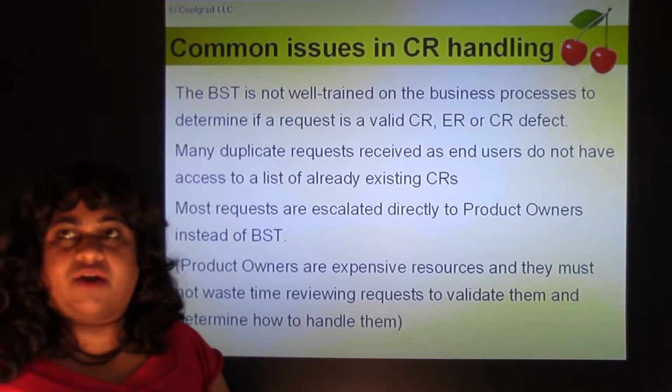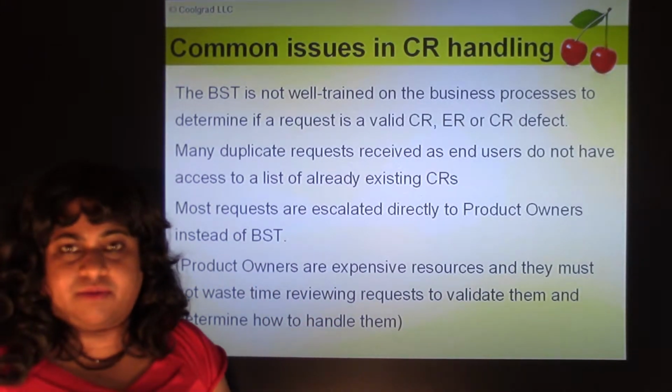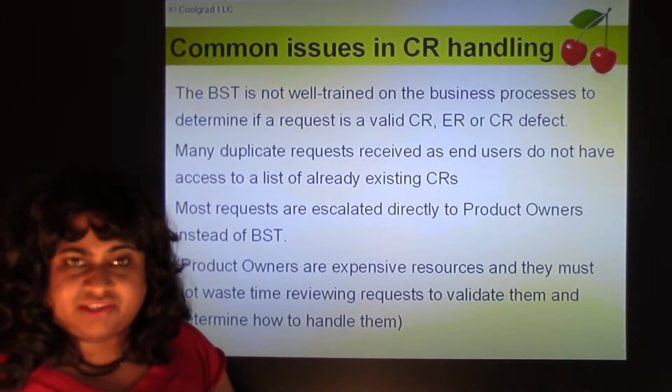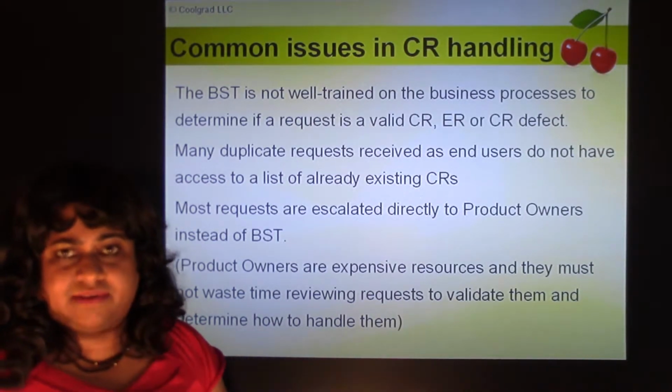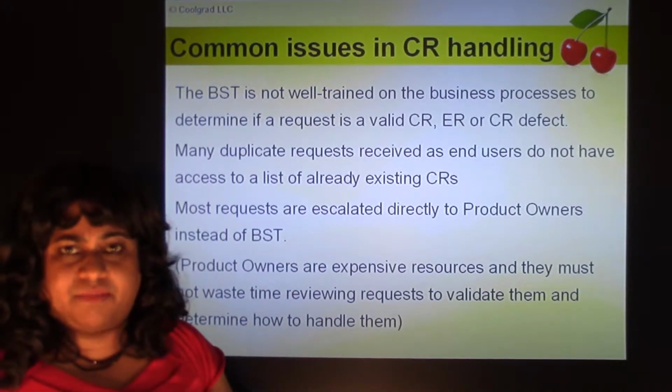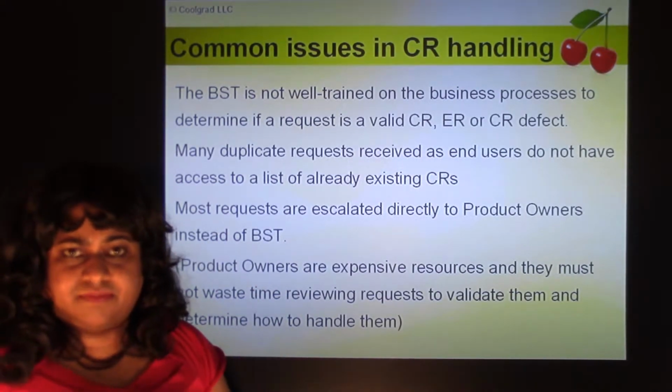So before submitting, they say, oh, somebody's already submitted it, I don't have to submit it. That prevents a lot of duplicates and saves resources and time spent filtering them out. So please make sure your end users have access to the summary of already submitted CR and ER tickets, okay?